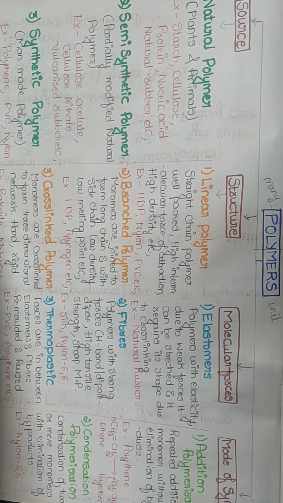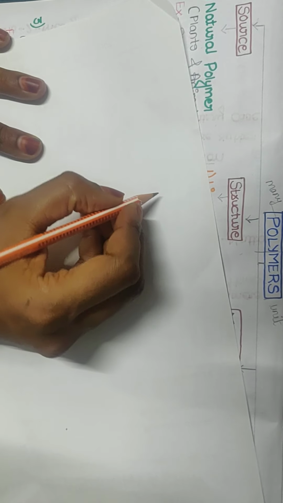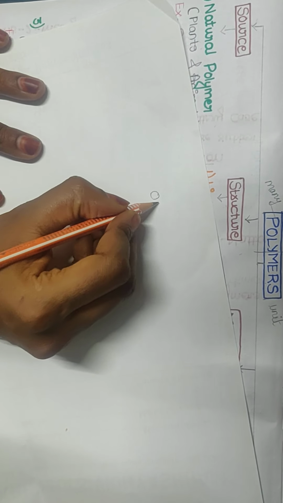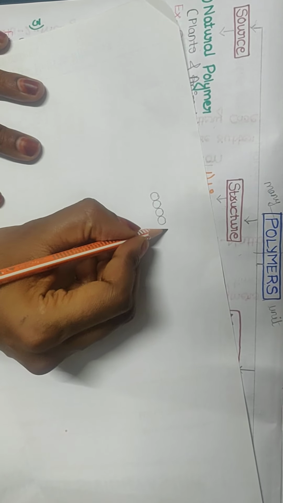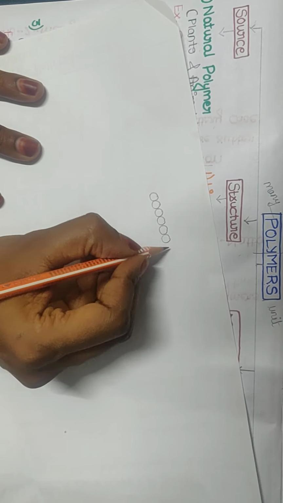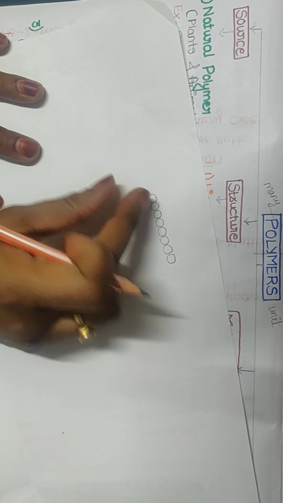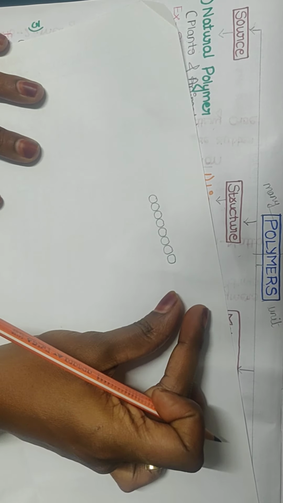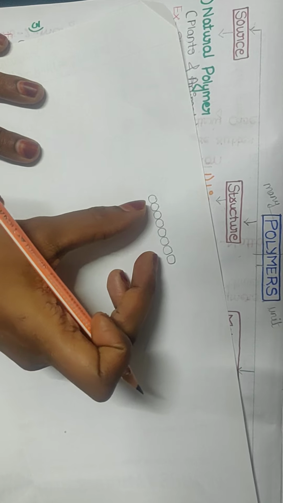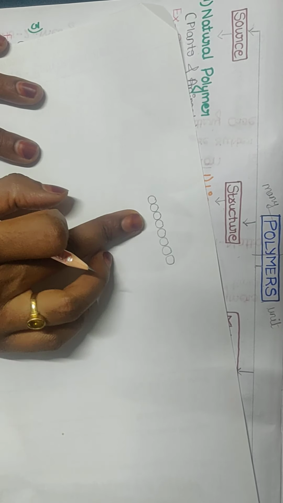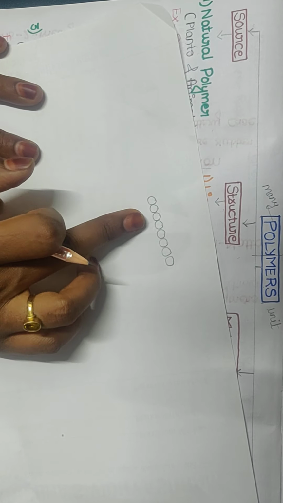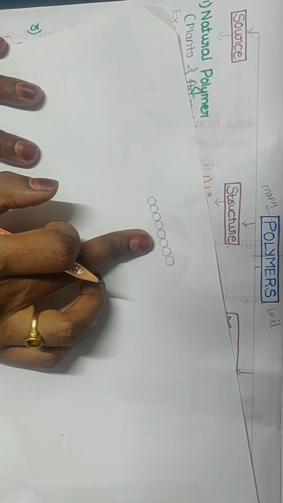In the case of linear polymer, the monomers are joined together. You have a very close packing of monomers to form a straight chain-like structure. You can see here that the monomers are very tightly packed. That means they have a very strong intermolecular force of attraction.